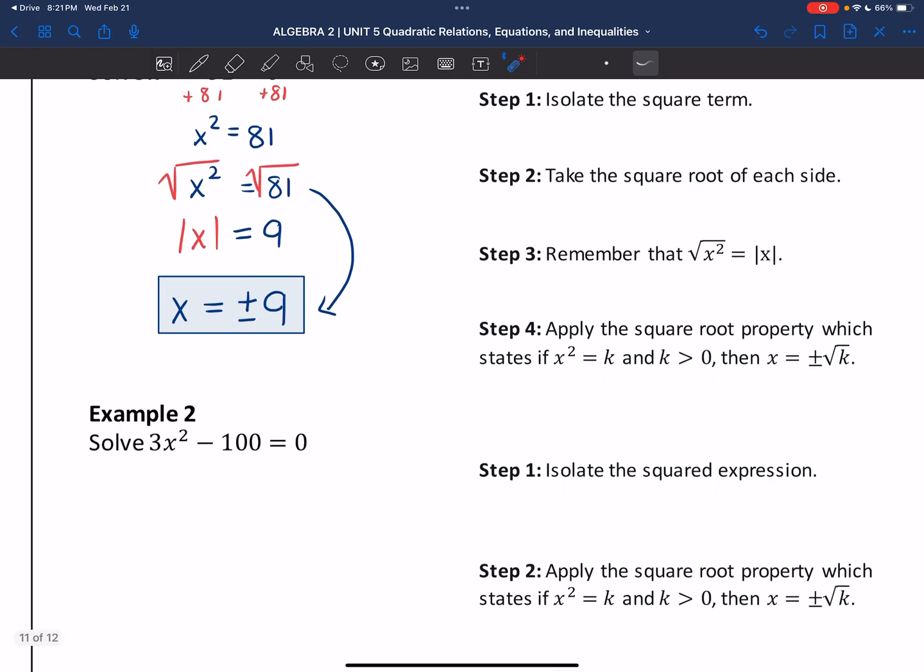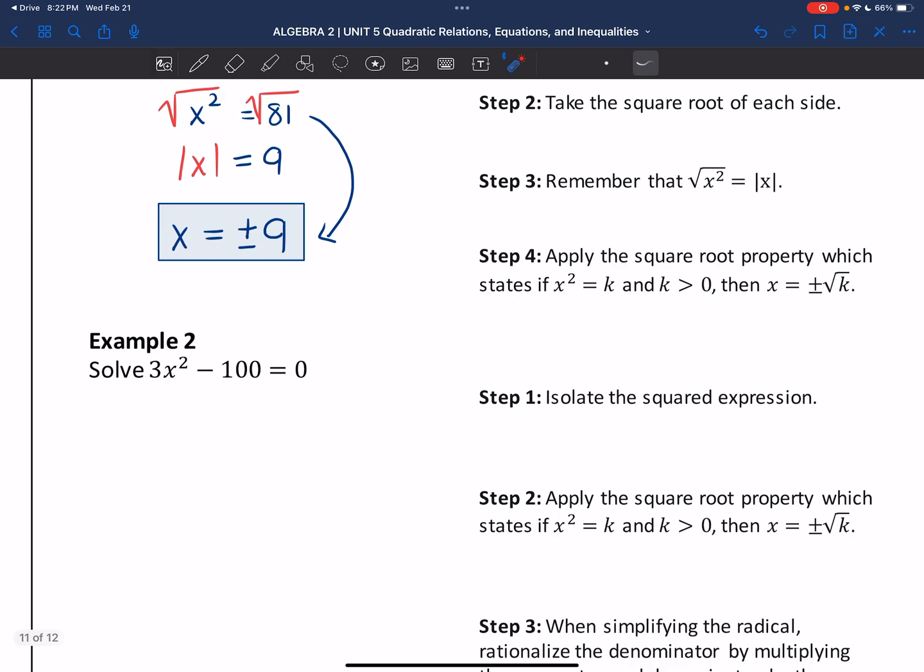So let's do another. We are going to solve 3x squared minus 100 equals 0. Step number 1, make sure that you isolate your squared expression. Right now we have 100 being subtracted, so I need to do the opposite and add 100 on each side.